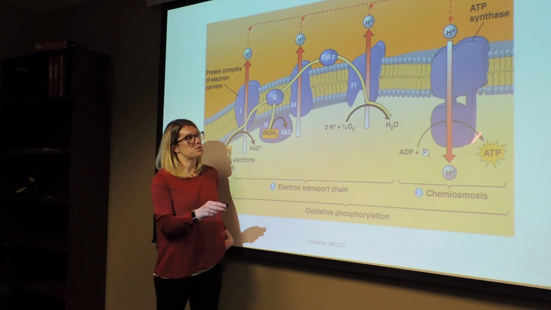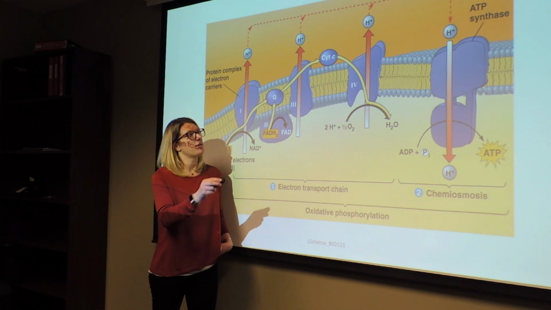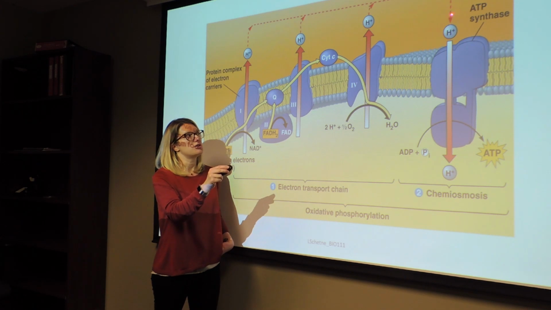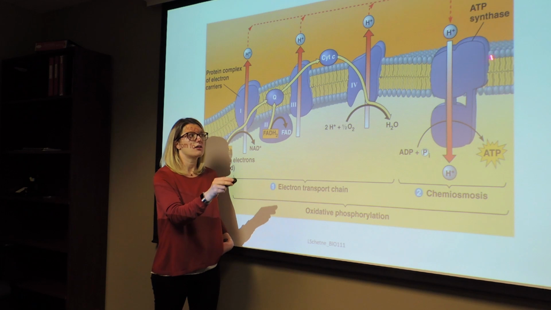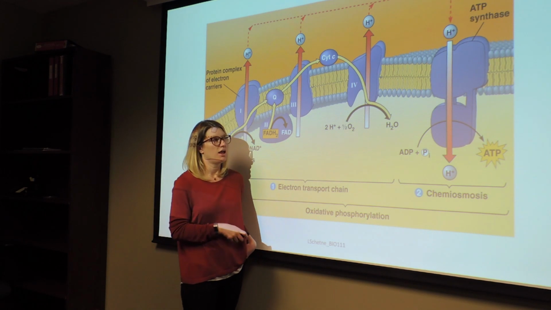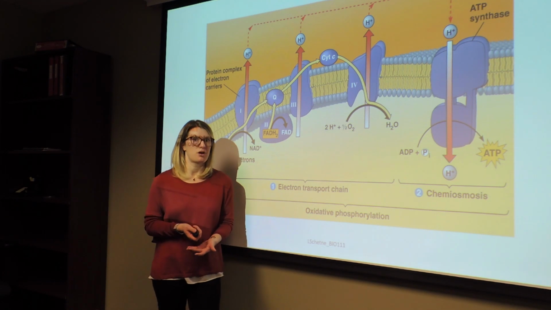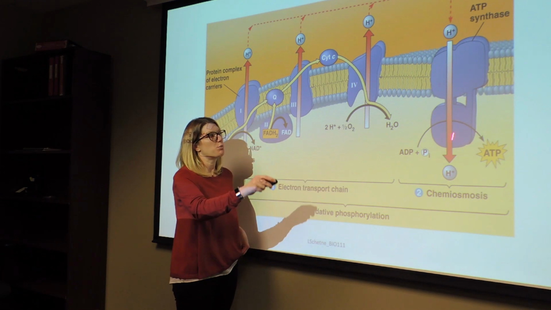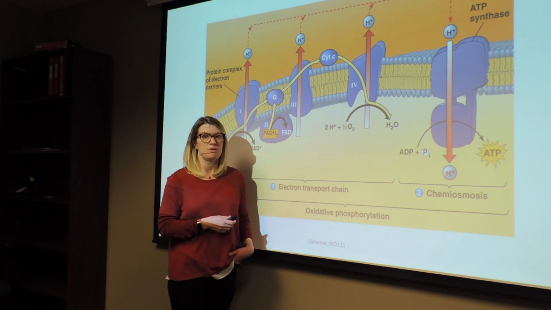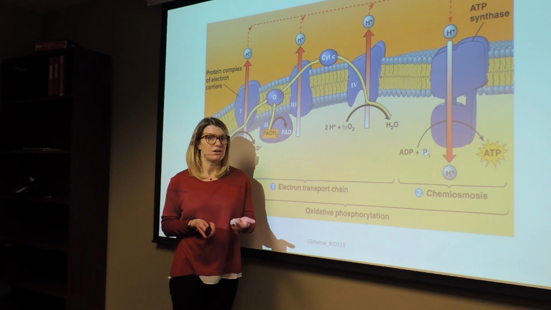So within this protein is actually a proton channel, and these protons can start to diffuse down their gradient. They can move from areas of high to low concentration. And again, because this is a passive process, this is a downhill reaction.